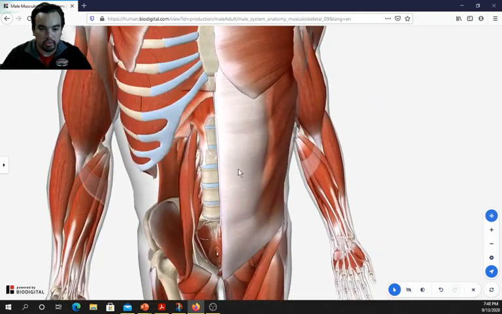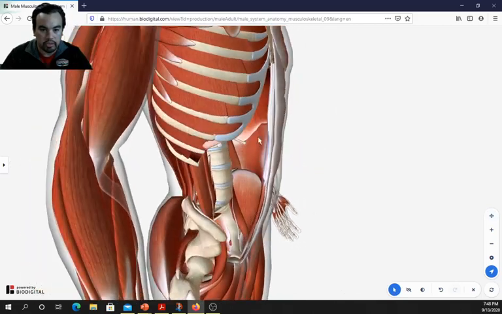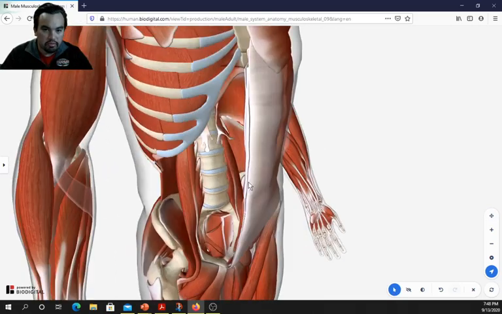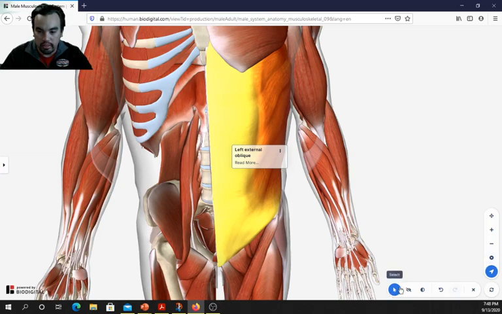I don't want to reset the whole model. So if we look here, all our organs would sit inside here. And you have this thick aponeurosis right here of the rectus obliques and the rectus abdominis underneath there as we remove those, and those help protect all of our organs.